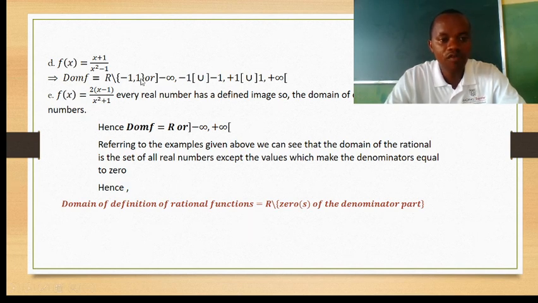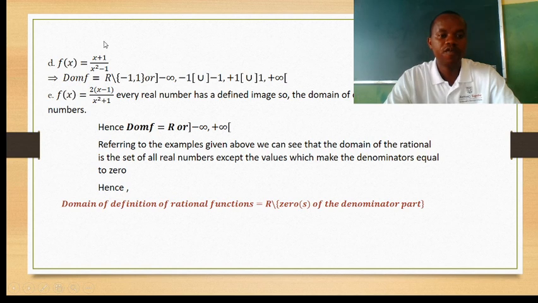In interval form, it can be written from minus infinity up to minus 1, union from minus 1 up to 1, union from 1 up to positive infinity exclusive. All boundaries are excluded.